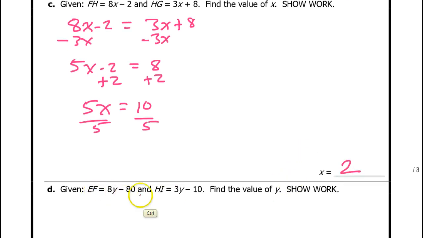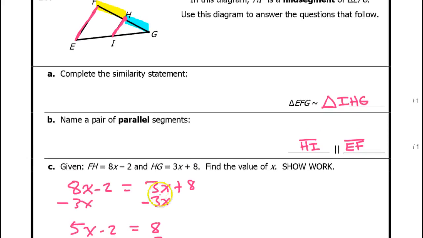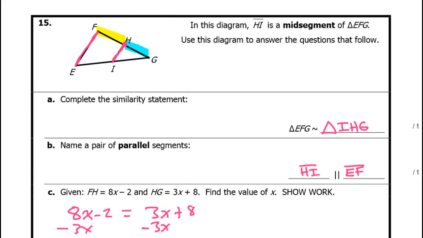Next we have EF and HI. Well, EF and HI are these two parallel sides. So these are not equal. 2 halves will equal the whole. 2 times HI will equal the EF.